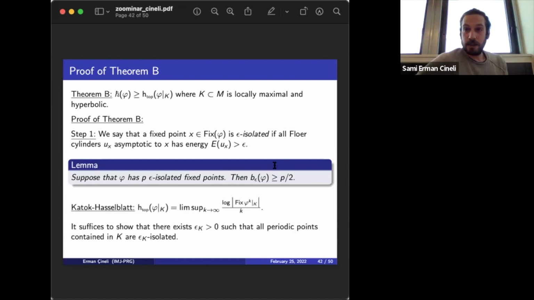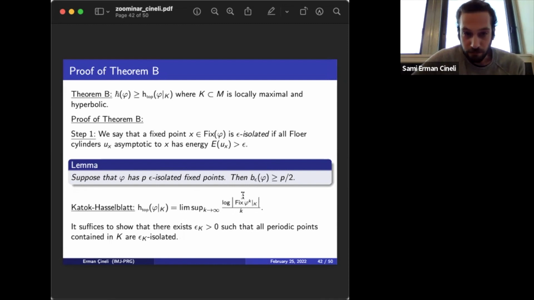Now, a nice property, we talked about this. On locally maximal hyperbolic sets, topological entropy is equal to the periodic orbit growth rate. If we combine this with the lemma, we arrive at the following. It suffices to find an epsilon k such that all periodic points contained in k are epsilon k isolated.